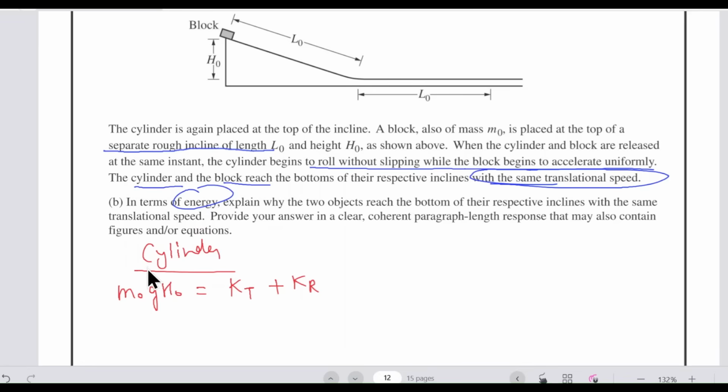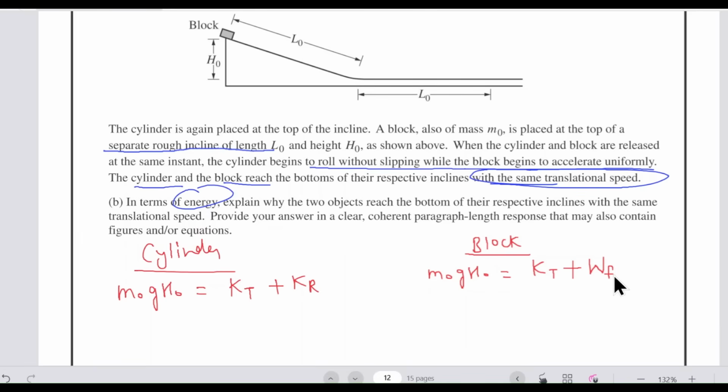For the block, it also starts with the same initial potential energy, m naught g h naught. It also ends up with translational kinetic energy, but there is work done by the friction, because in this case, friction is doing work.